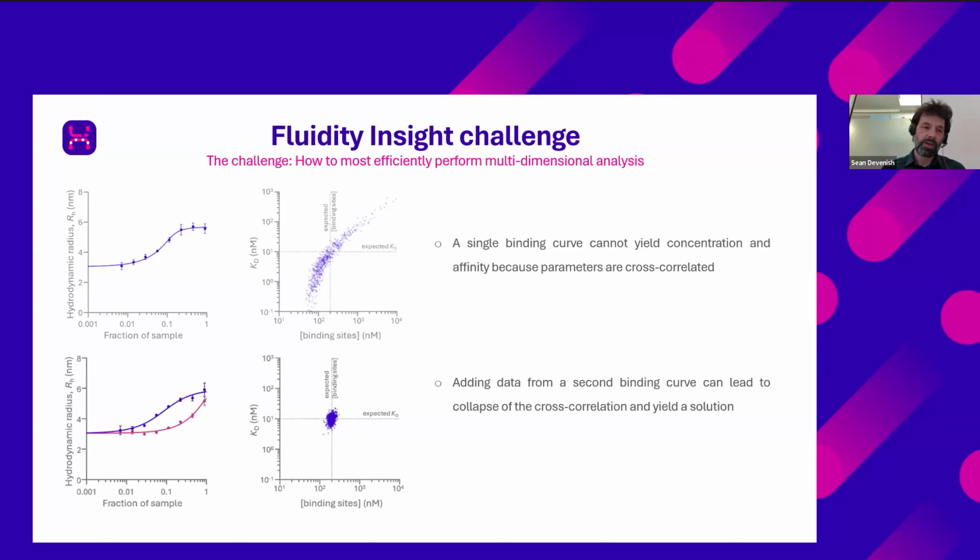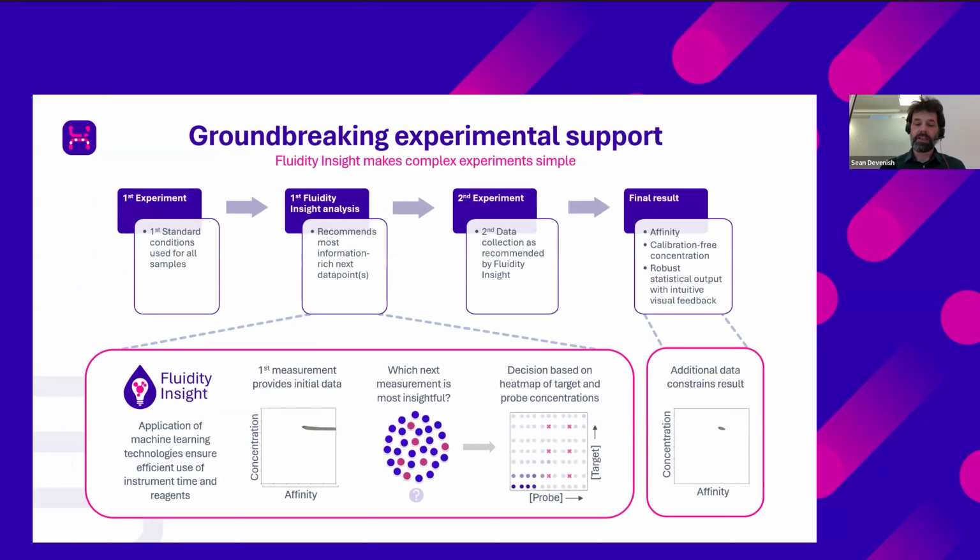Now, as you might appreciate, one of the big challenges here is that it's actually quite hard to know intuitively what extra data points you need to add into the experiment to get the result you need. That's one of the really nice things about the platform which we've managed to put together: it has an experimental guide element. This shows the workflow for one of these experiments.